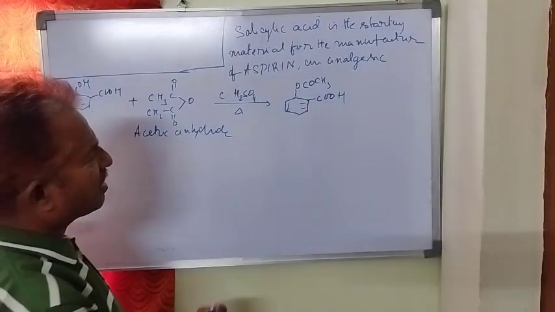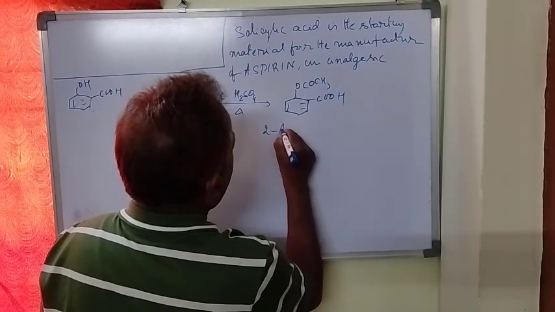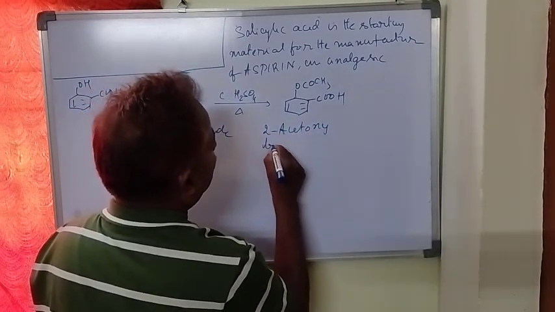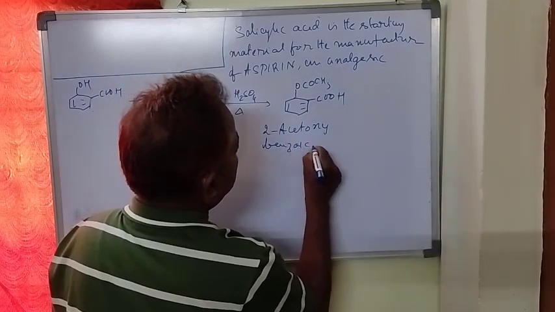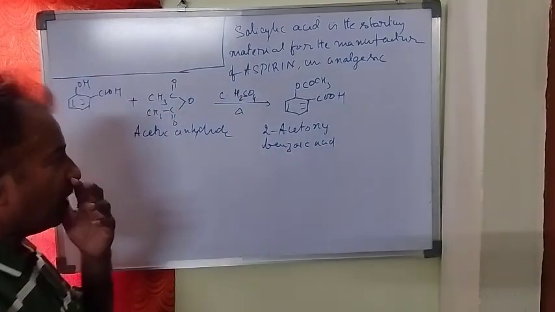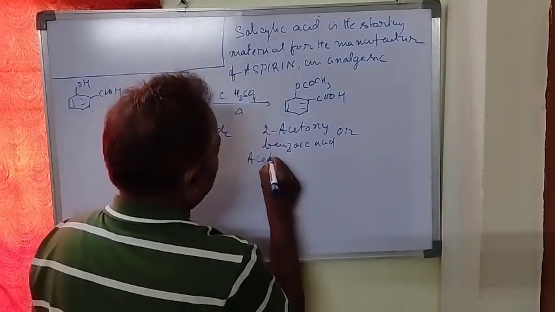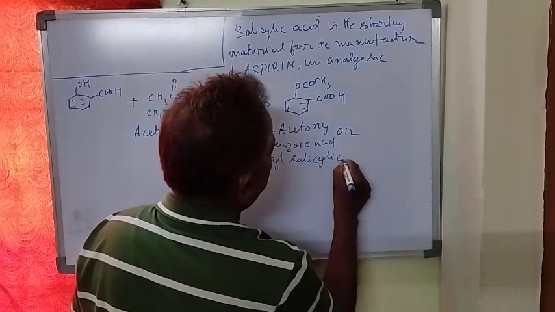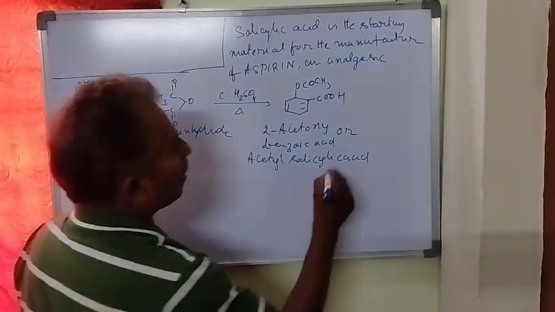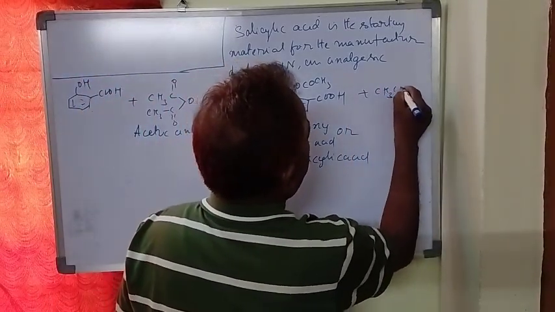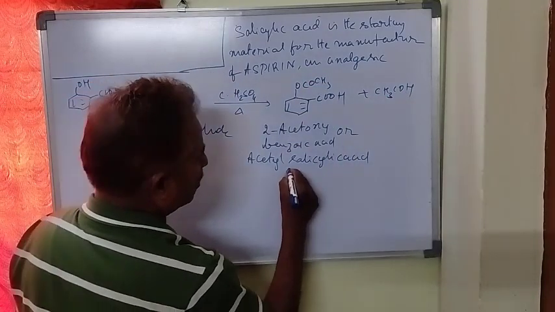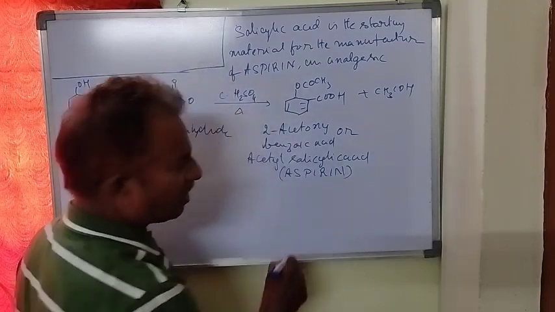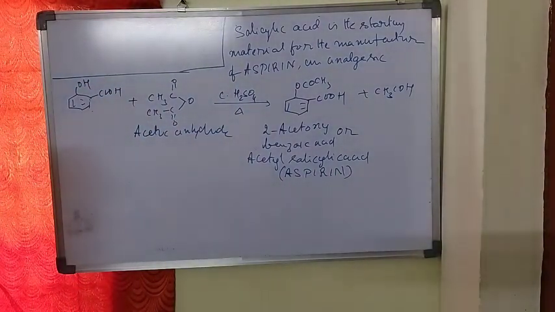This is referred to as 2-acetoxybenzoic acid or acetylsalicylic acid, plus of course CH3COOH, and this substance is known as aspirin. Aspirin means a pain reliever, analgesic.